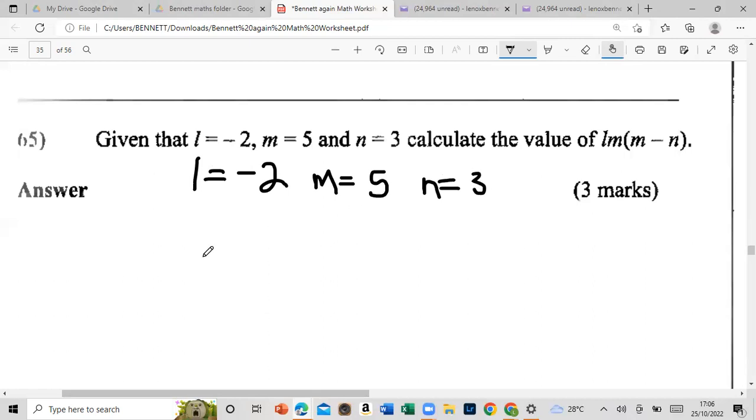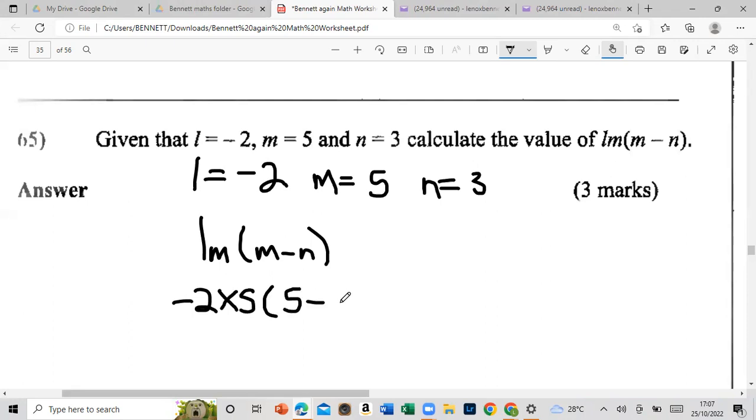So it says L M bracket M minus N. Alright, so I'm going to substitute now. So this means to multiply. So it is negative 2 multiplied by M, which is 5. Put our bracket, which is 5 minus N, which is 3.